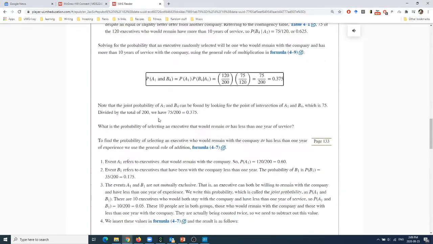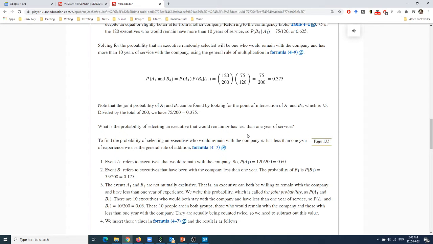So now let's look at another question which is asked over here. So far we've been asking the and: what's the probability that A occurs and B occurs? So now let's go back to the addition rule. What's the probability of selecting an executive that would remain or has less than 1 year of service?